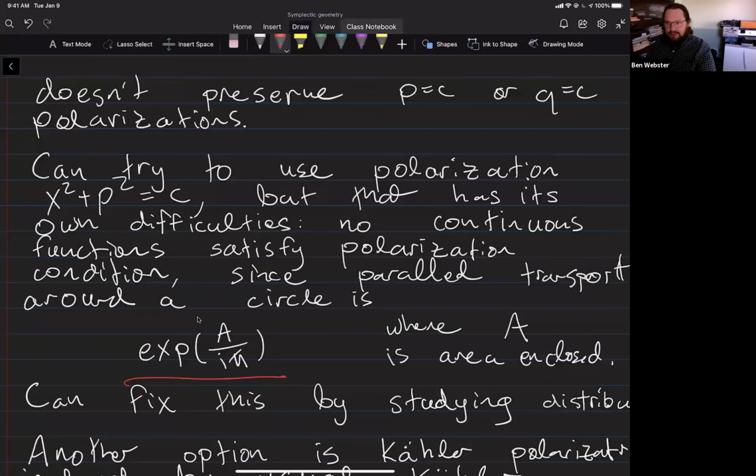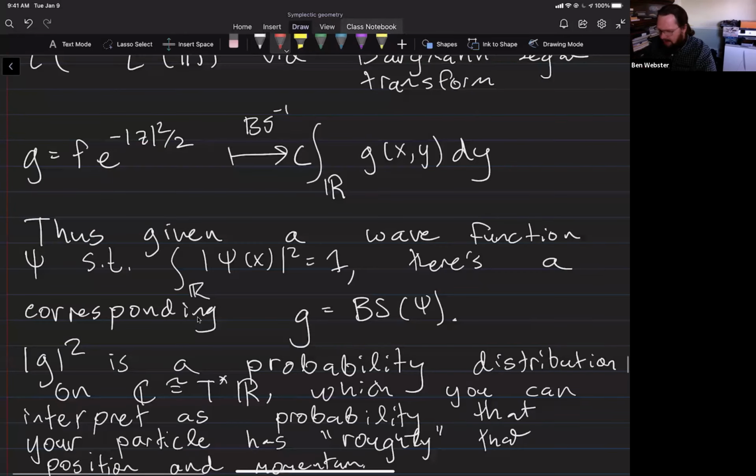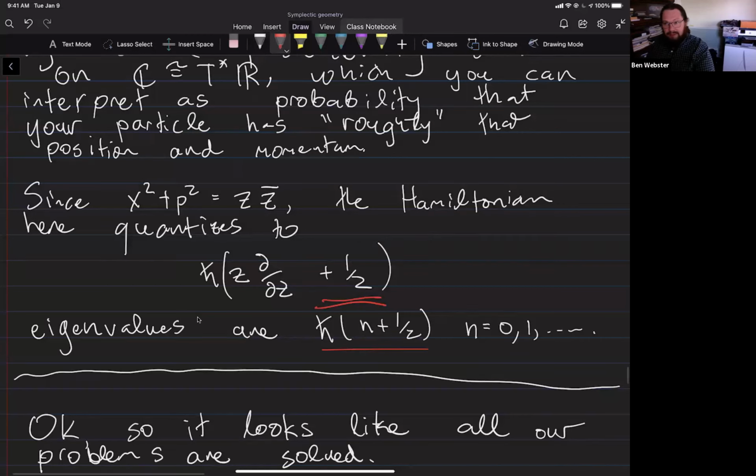Those are close to being the values of area where you get trivial parallel transport around the circle and get a parallel section. But there's something a little bit off, because the half isn't there when you do the parallel transport.